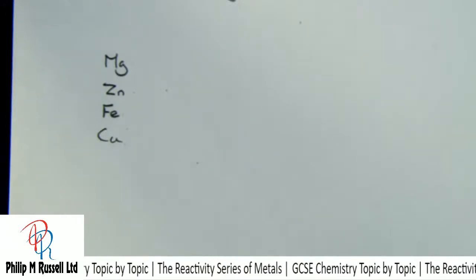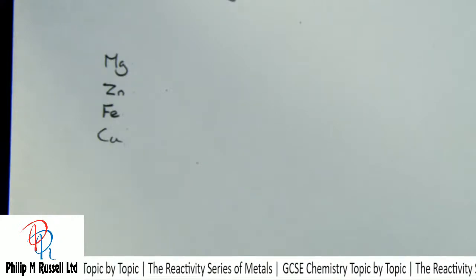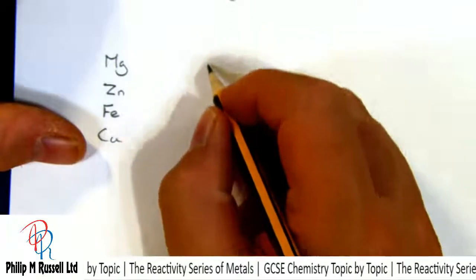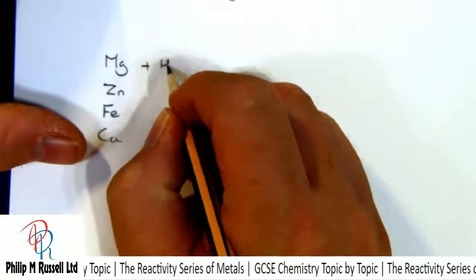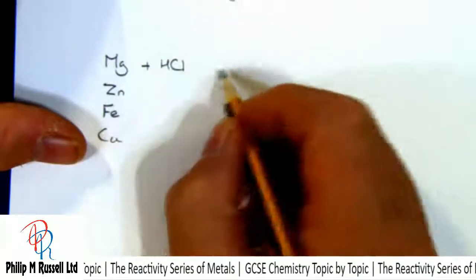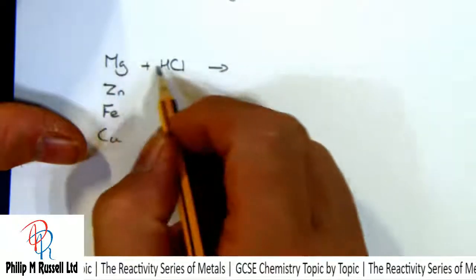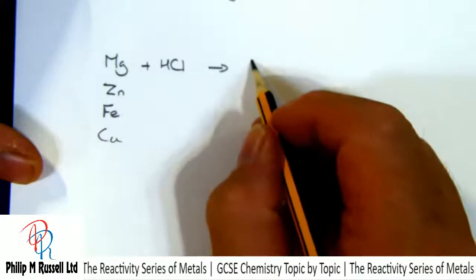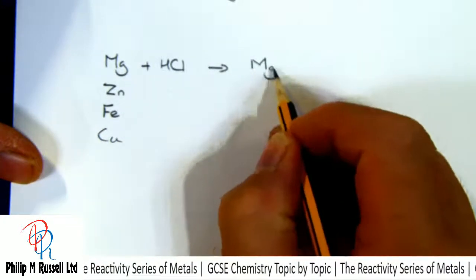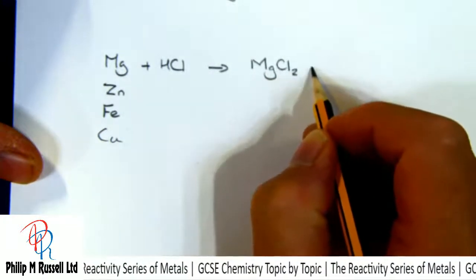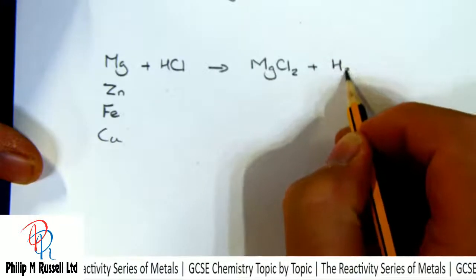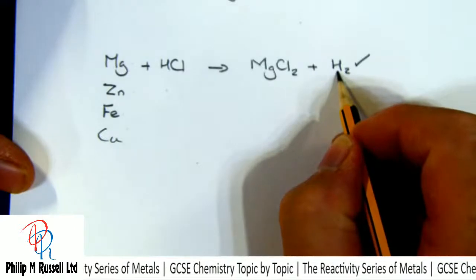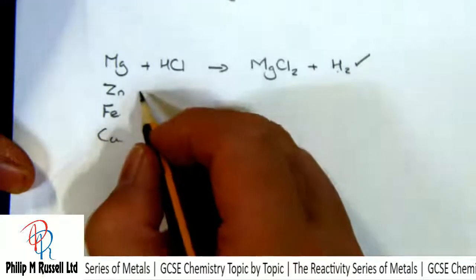I would expect them to give off hydrogen gas, and I would expect them with the acid to form something. So magnesium plus HCl, acid plus a metal gives us a salt, so I'd expect to get magnesium chloride plus hydrogen. And we detected the hydrogen with our little squeaky pop test.